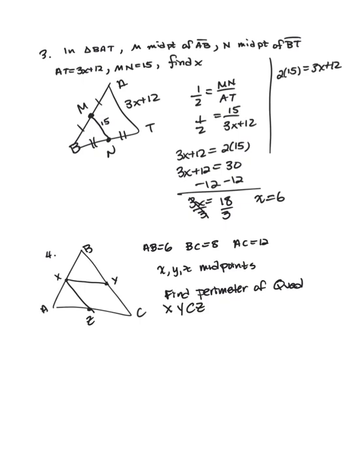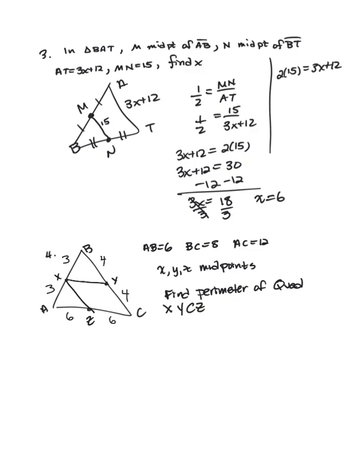All right. So if AB is 6, right, that means this is 3, this is 3. All right, BC is 8, so that means this is 4, this is 4. And what else do we have? Okay, we have AC is 12, so this is 6, this is 6. All right, so what do you need to know?